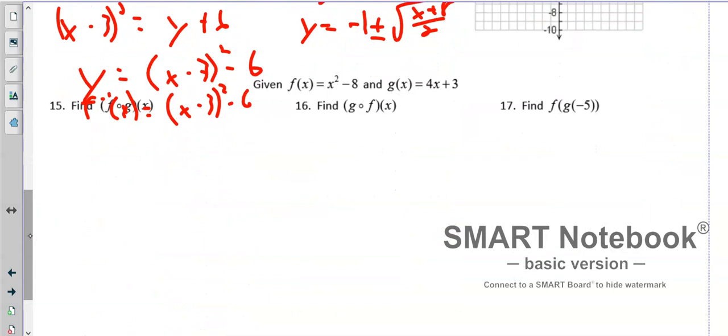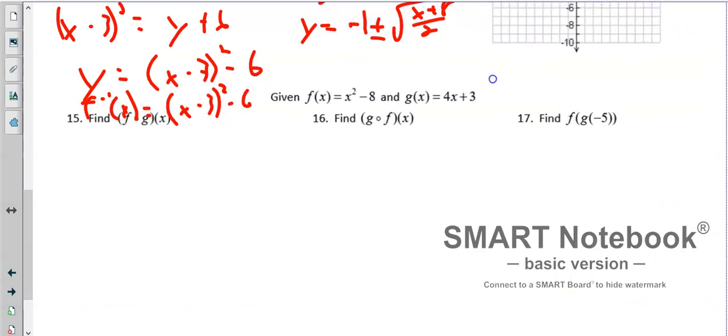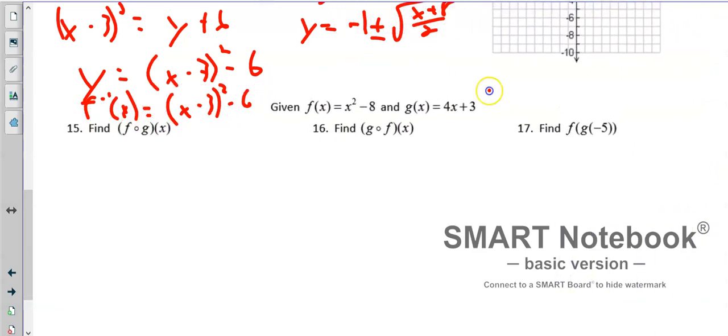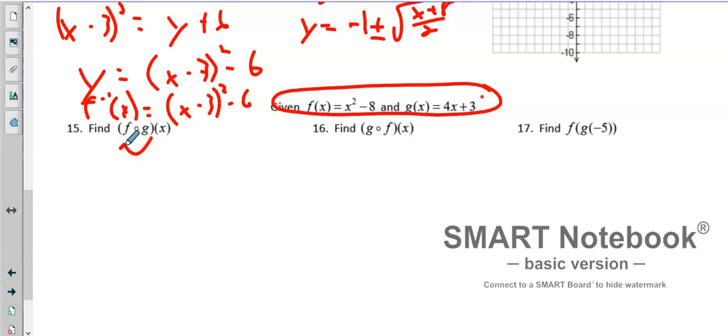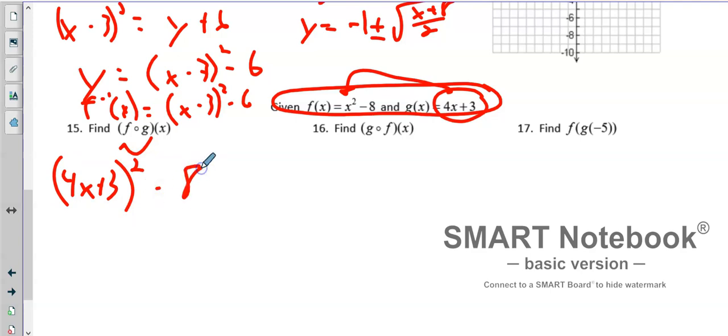All right. So it says find f of g of x given these. Okay. So that means we're plugging g into f. So we're going to take this and plug it in to here. So 4x plus 3 squared minus 8.